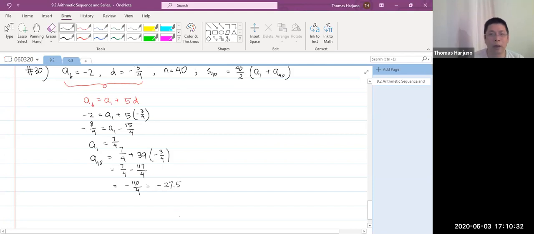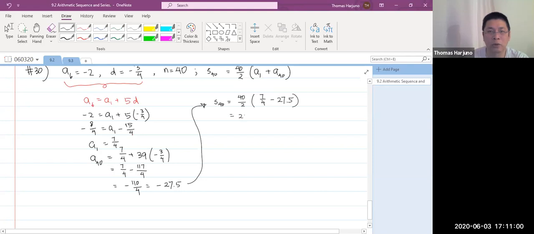Then, going back to the formula, I have all the ingredients for that 40th partial sum. So the 40th partial sum of an arithmetic sequence is 40/2, that's 20, times the first term 7/4, plus the last term negative 27.5.